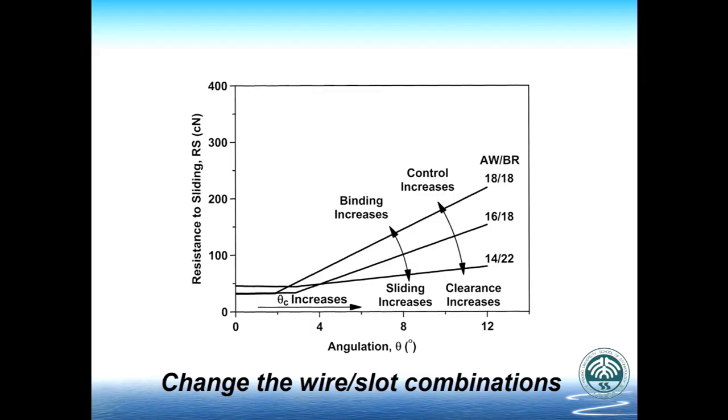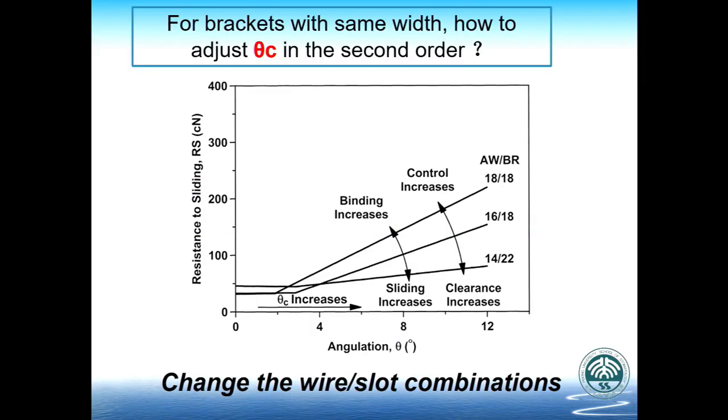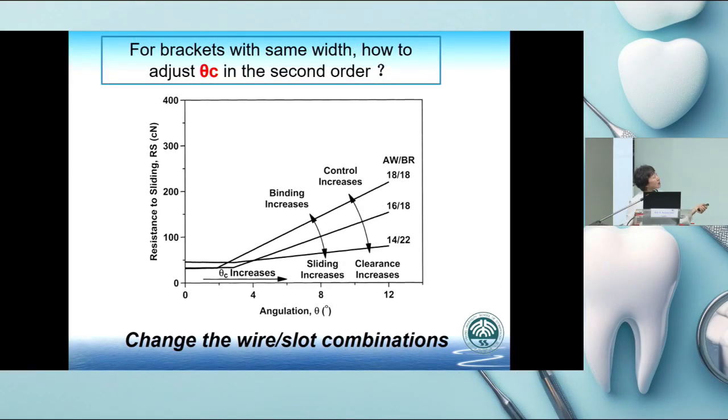And not only the size, also the shape, round archwire or rectangular archwire. I already gave the answer. For brackets with the same width, how do you adjust theta C in the second order? By changing the archwire, right?